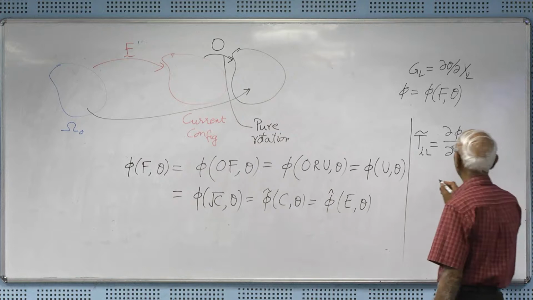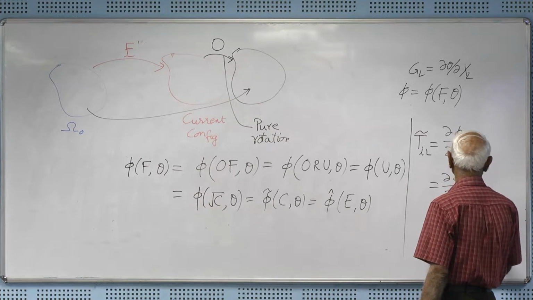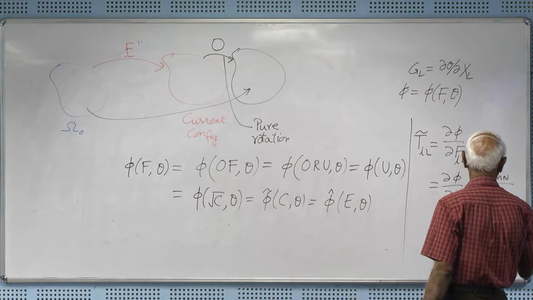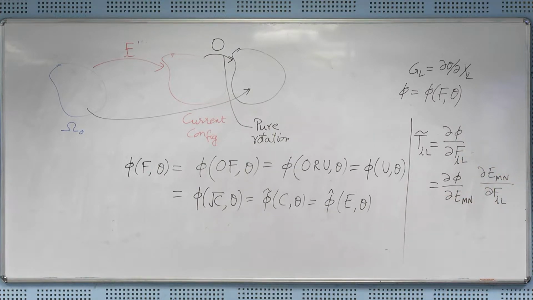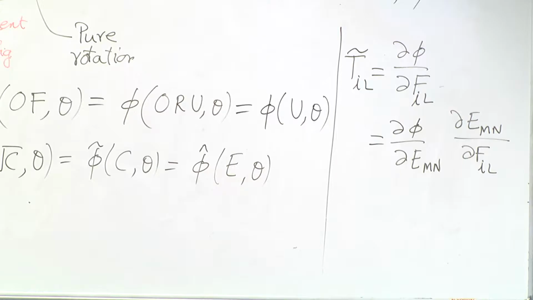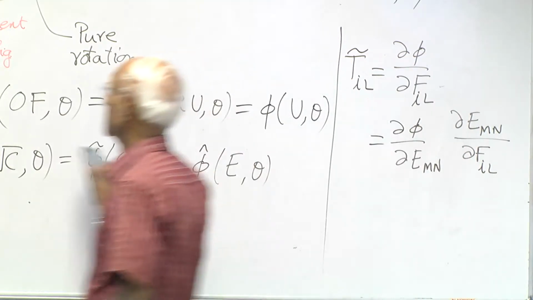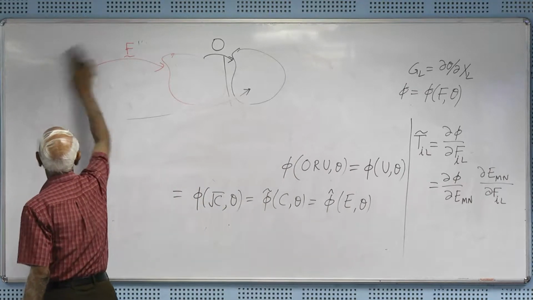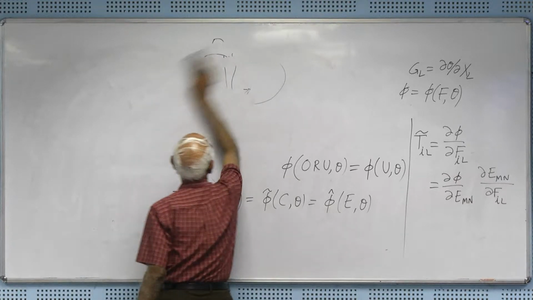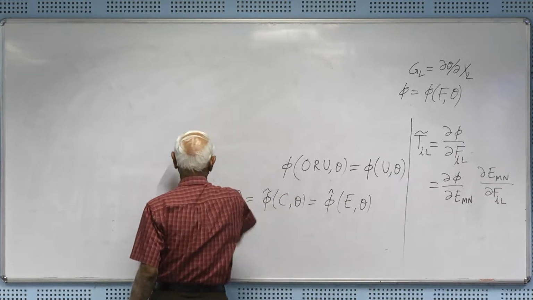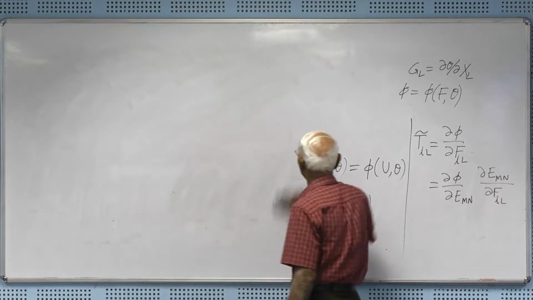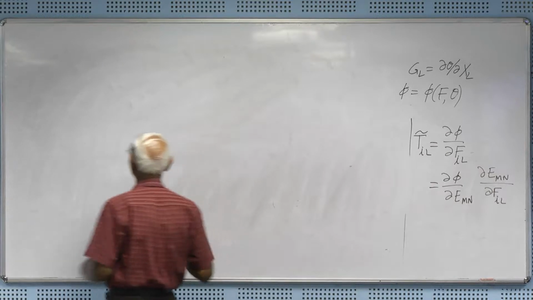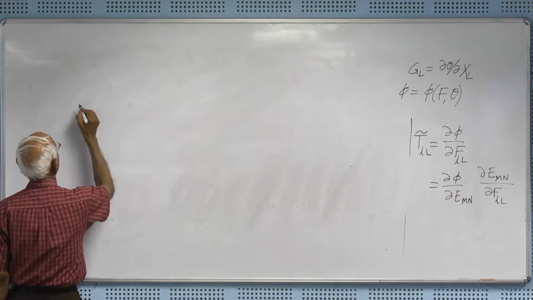So we can say this is equal to the derivative of phi with respect to E_mn, and you differentiate E_mn with respect to F. Okay. So now let's see what E_mn is.